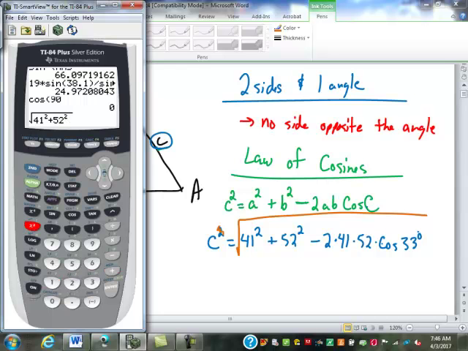Do not hit equals or enter at any point in this calculation until we are totally done. If you hit equals at any point, it will mess it up. Minus 2 times 41 times 52 times the cosine of 33. Now I have everything entered. I'll hit equals. It gives you 28.44.